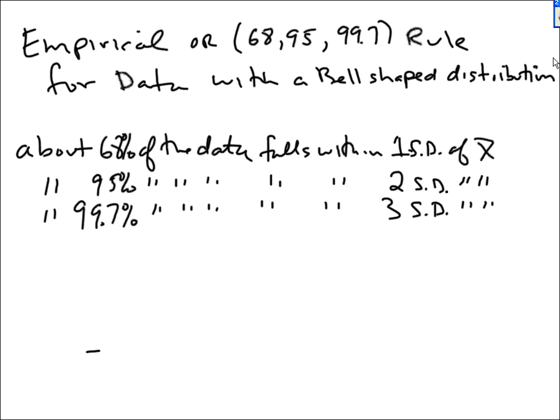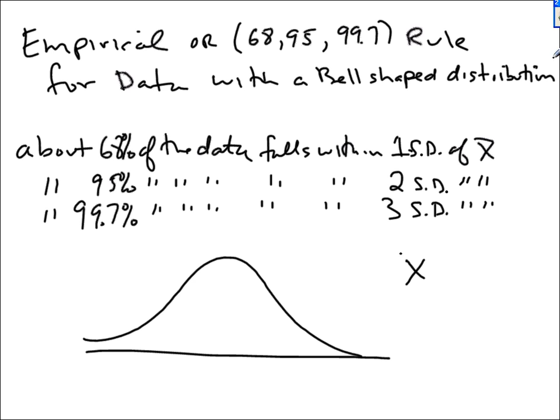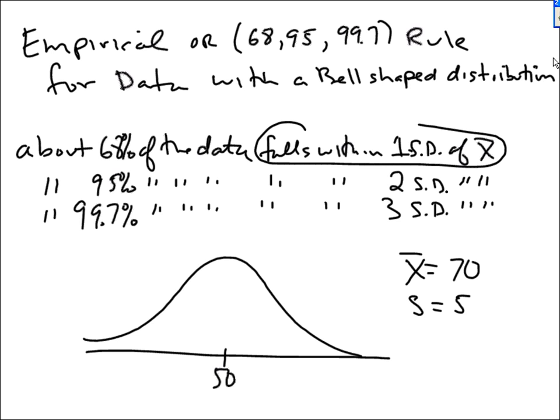What does that mean? If x bar is 70 and the standard deviation is 5, so here's the mean. What does it mean to fall within one standard deviation of x bar?